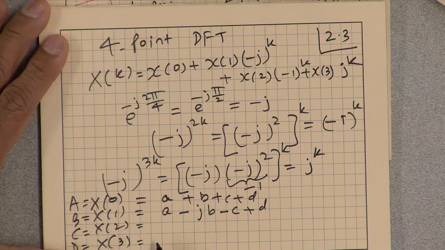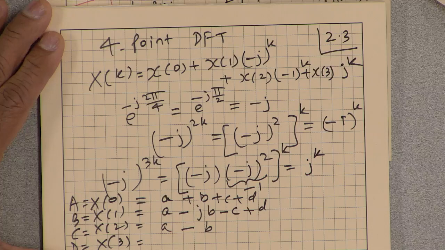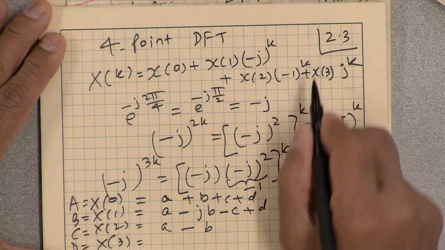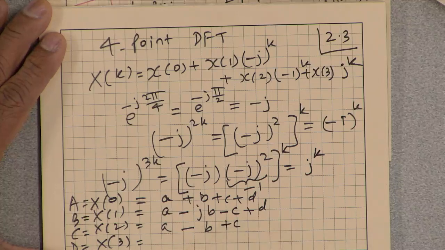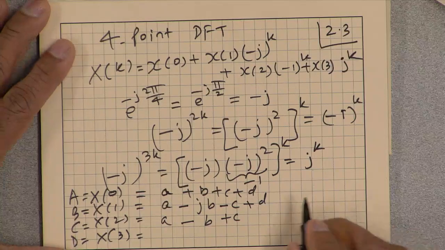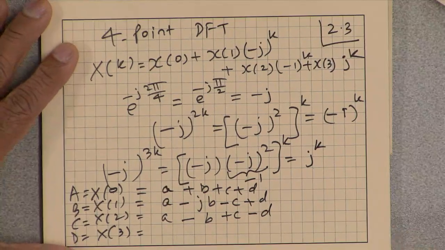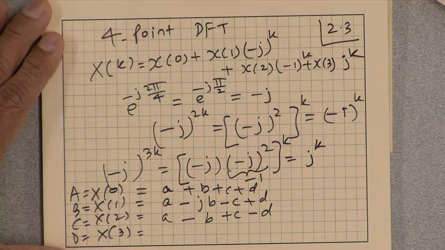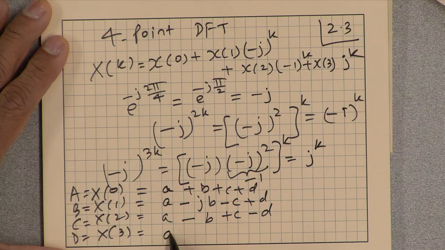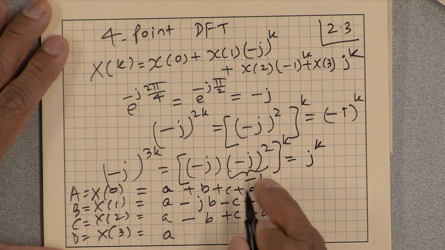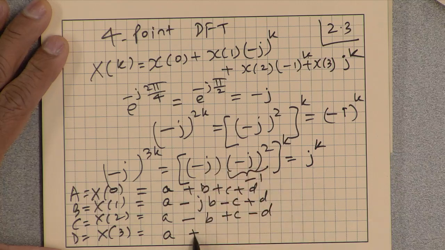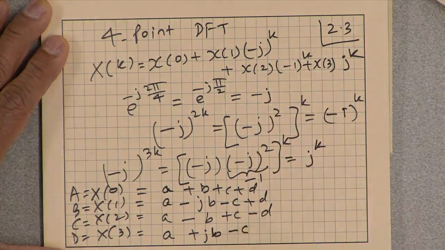Then I substitute k equal to 2, so that's A minus B, since minus j squared is minus 1, minus 1 to the power 2 is plus 1, plus C, and then j squared is minus 1, minus D. Okay, and then k equal to 3, minus j to the power 3, we just saw, is plus j, minus 1 cubed is minus 1, and j cubed is minus j.